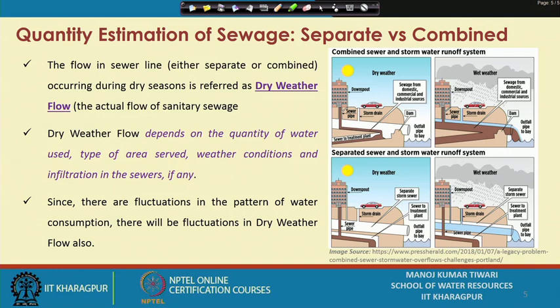Now, sewerage systems are typically of two types: the separate sewer and stormwater runoff system, and the combined sewer and stormwater runoff system. During the late years of the previous century, the combined network became fairly popular, as people thought it would not be wise to lay out two different systems, one for sewer and one for runoff.